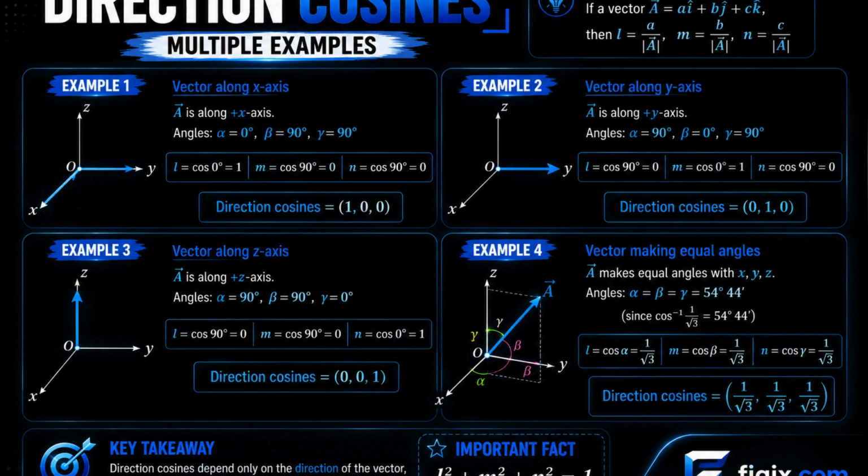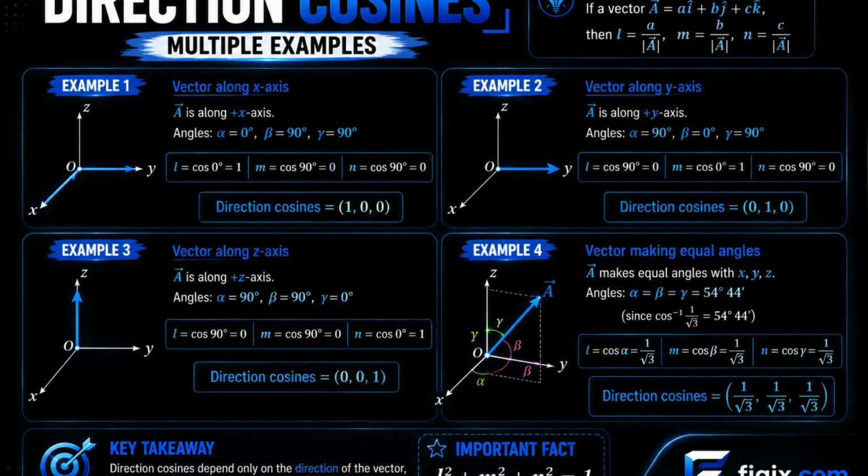In example 4, the vector makes equal angles with the x-axis, y-axis, and z-axis. Therefore, alpha equals beta equals gamma. Since the direction cosines are equal, L equals M equals N. Using the relation L squared plus M squared plus N squared equals 1, we get 3L squared equals 1.